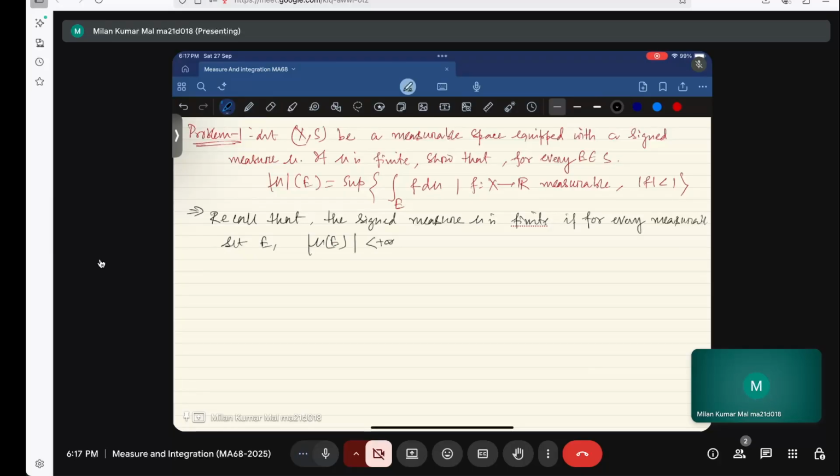This is what is called a finite measure.